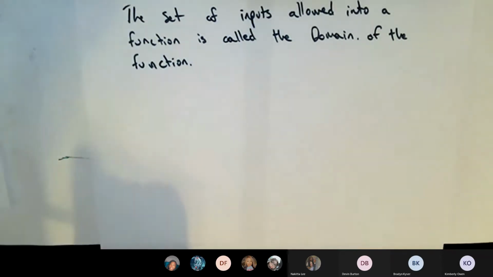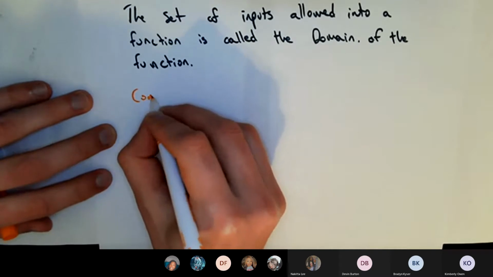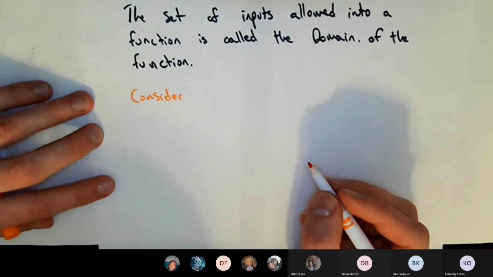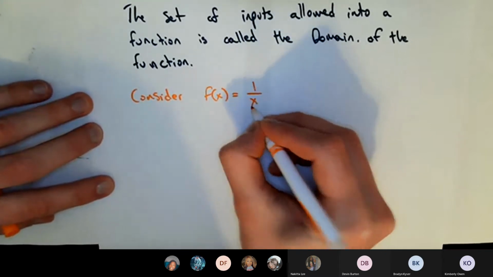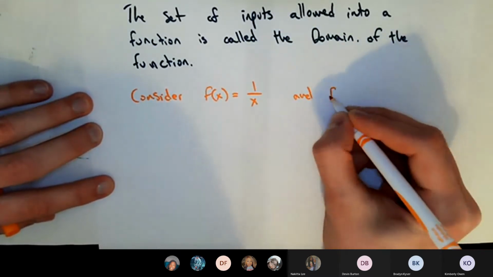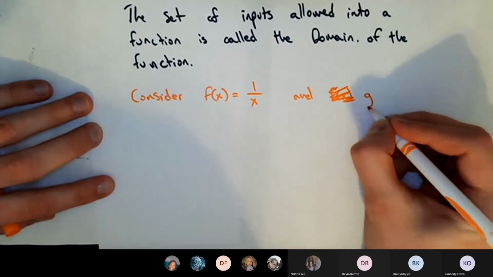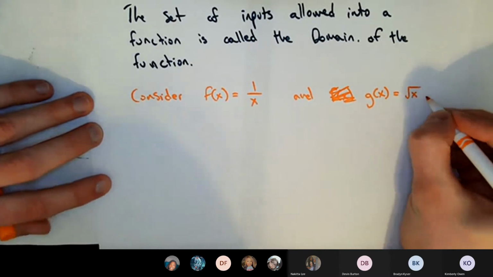Let's consider the two classic examples we will talk about in this course: f of x equals 1 over x and g of x equals square root of x.